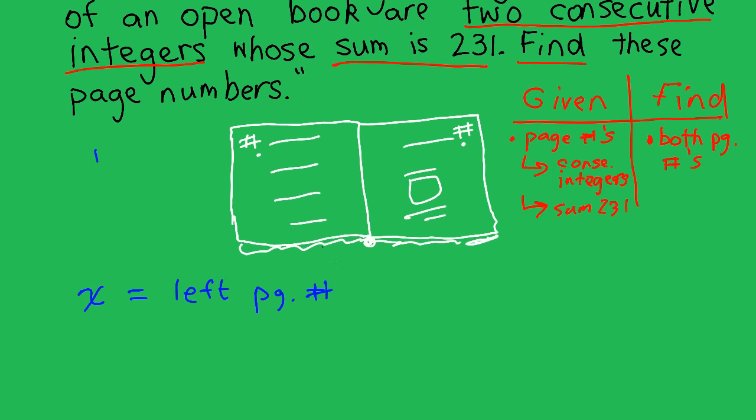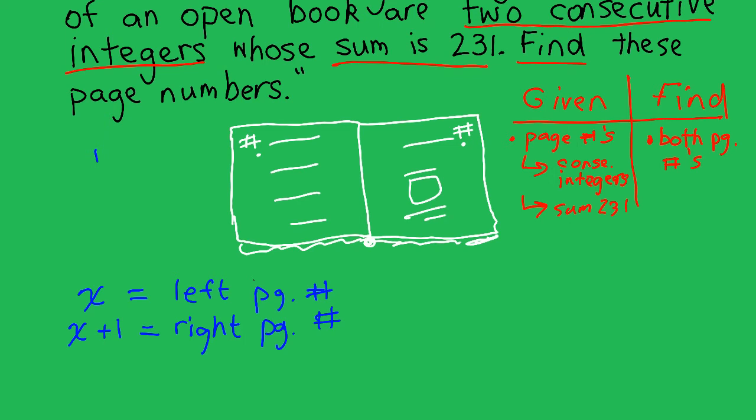So x is the left page number. Then what can we call the right page number? Well, they're consecutive integers, and the right page number is going to be one more than the left page number. So we can call the right page number x plus 1. So hopefully that makes sense to you guys. Left page number x, right page number x plus 1.